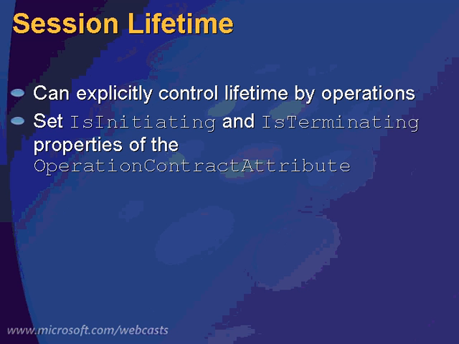You can also explicitly control the lifetime of a session by the operation. So in fact, you can create the concept of a start session, stop session operation using the is initiating and is terminating properties of the operation contract attribute.